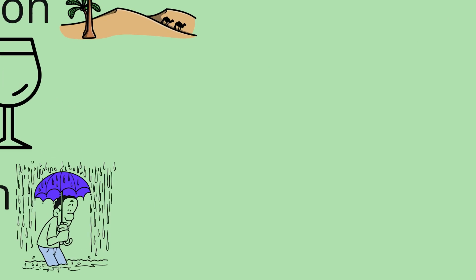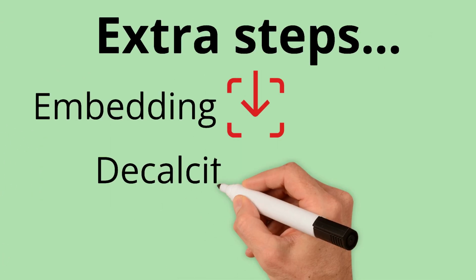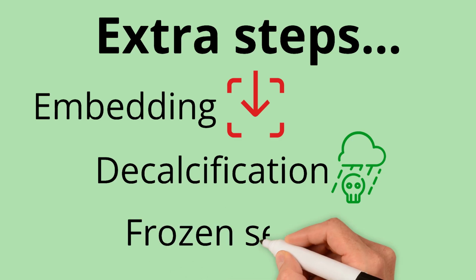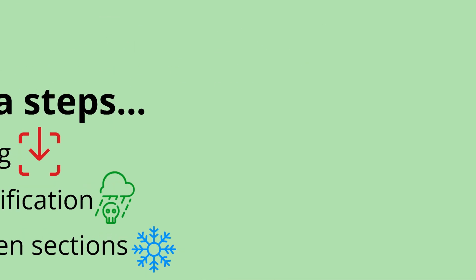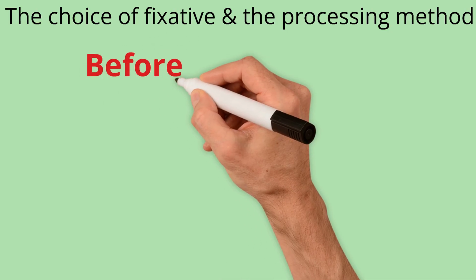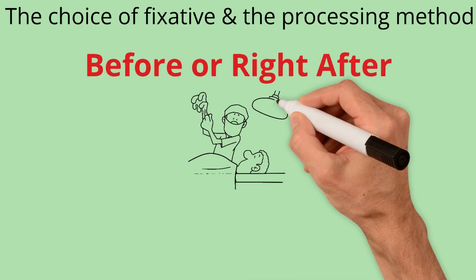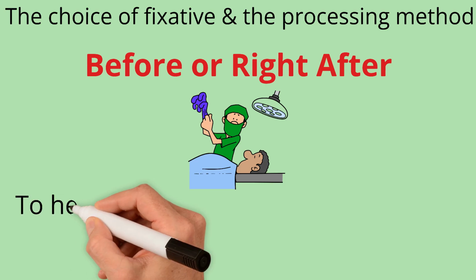Then, we have a few extra, more specialized steps like embedding, decalcification, or frozen sections. The important thing is that the choice of fixative and the processing method should be decided before or right after the tissue is removed during surgery or an autopsy.